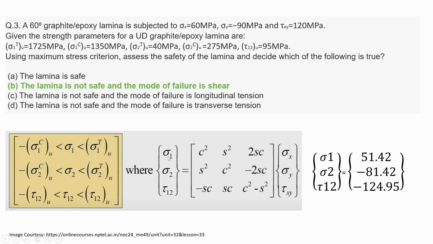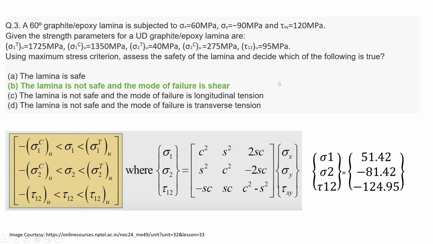So we got the values of sigma 1, sigma 2 and tau 12, that is 51.42, minus 81.42 and minus 124.95. Now sigma 1 is in direction 1, the longitudinal direction. The limits for the longitudinal stress are sigma 1 tensile ultimate, that is 1725 megapascal, and sigma 1 compressive ultimate, that is 1350 megapascal.